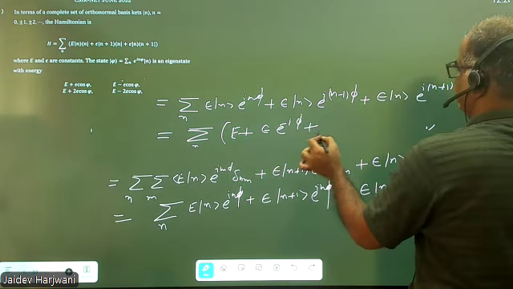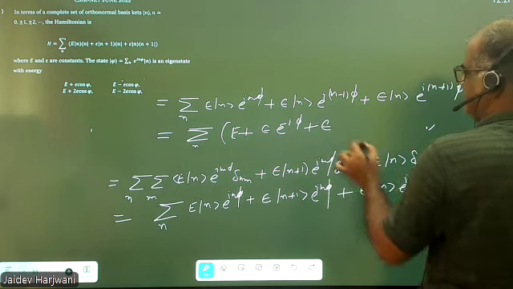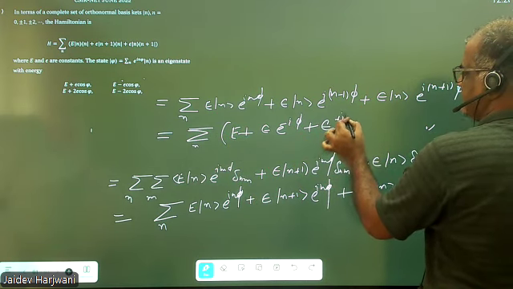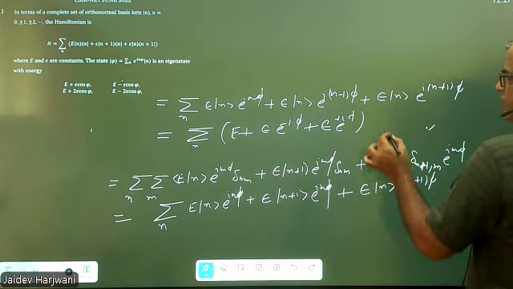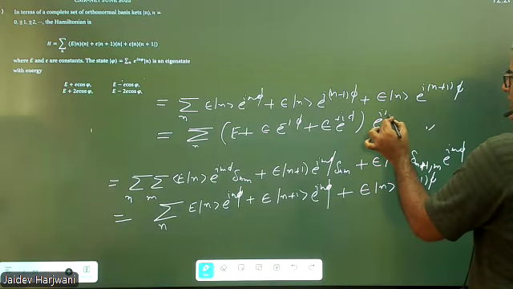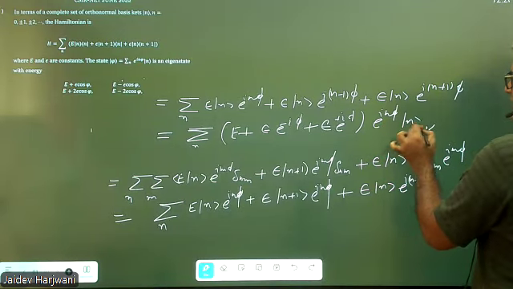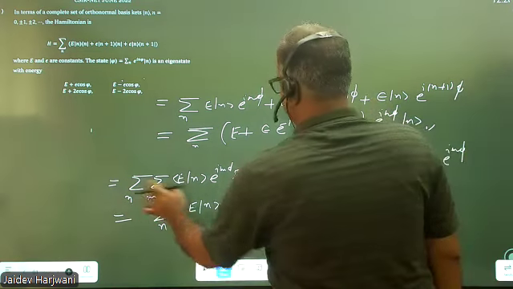Similarly, here you will be remaining with E, plus e to the power i phi, and I'm taking e to the power i n phi common, and then you have this one. So this is my state.